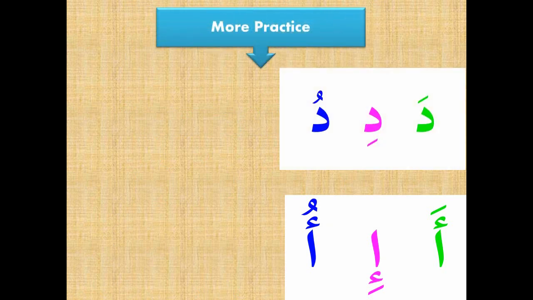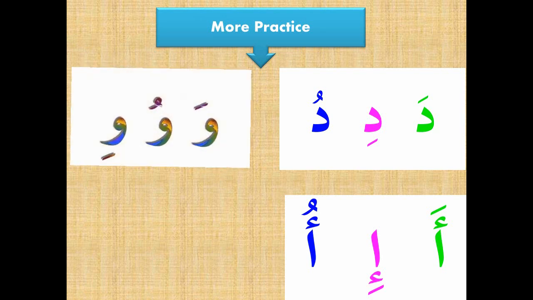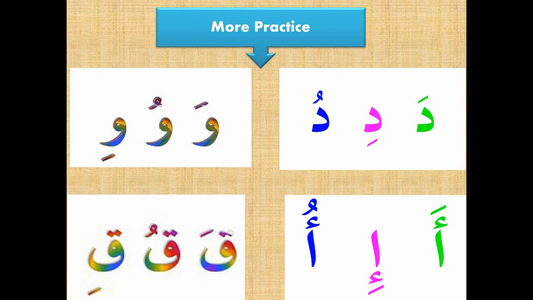Here we have more practice, more examples. A, we have fatha above the letter hamza, and we have e, o, damma. Right. Da, di, do. Wa, wo, we. Qa, qo, qi. Other examples: sha, she, sho.